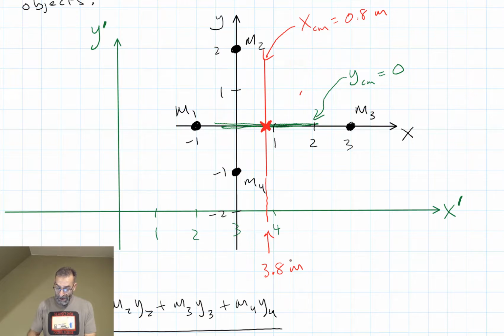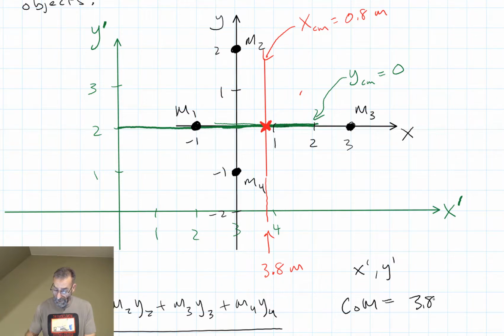So if I plug in all the new x coordinates, I get 3.8 meters for my center of mass x location. And for my y location, I'd get 2. So in this new coordinate system, the center of mass is going to be 3.8 meters, 2 meters.